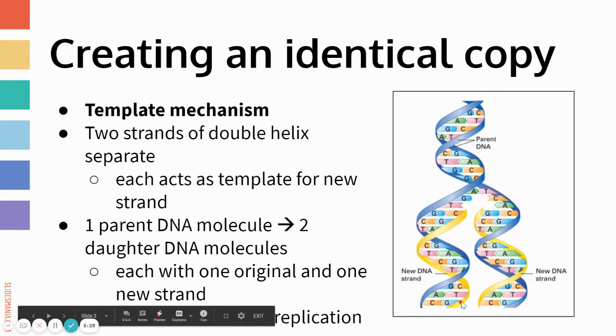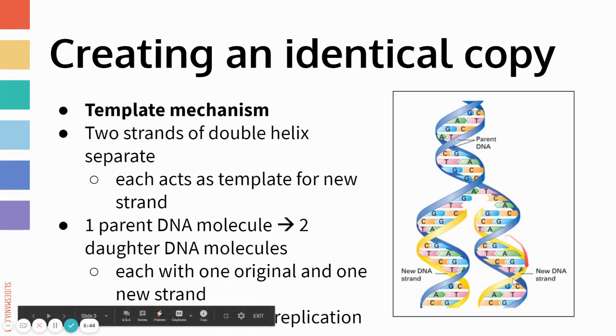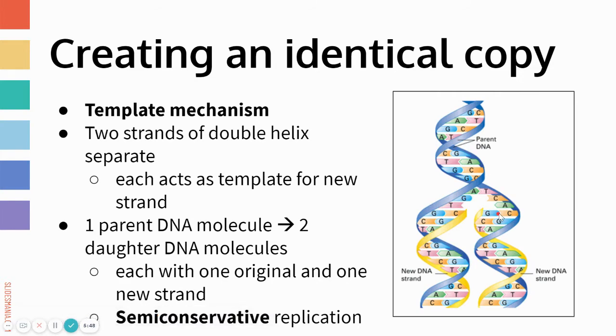That's shown here in yellow. So each daughter DNA molecule is going to have half original and half new molecules. And the word for this is semi-conservative. The original DNA is half conserved. Each daughter DNA molecule has half the original material. So it's semi-conservative.